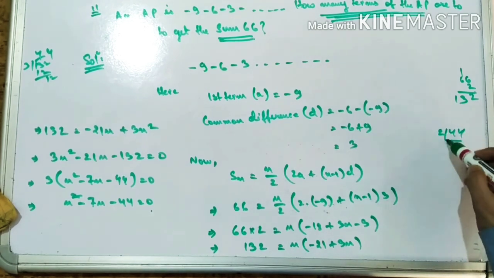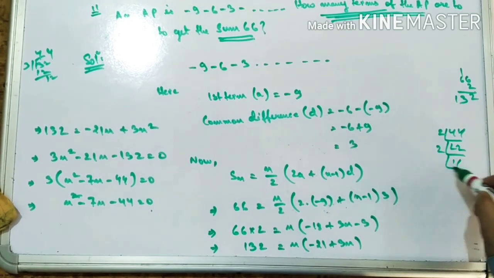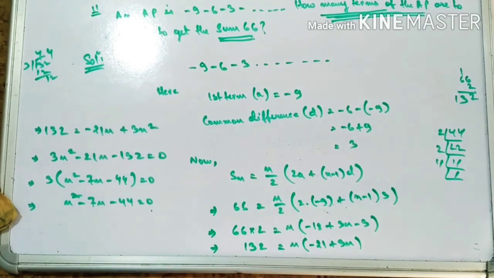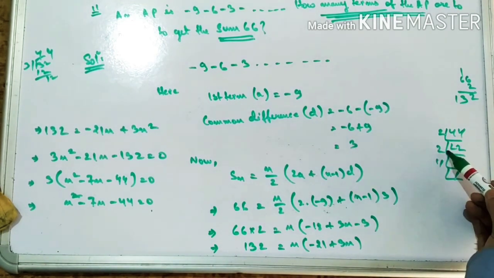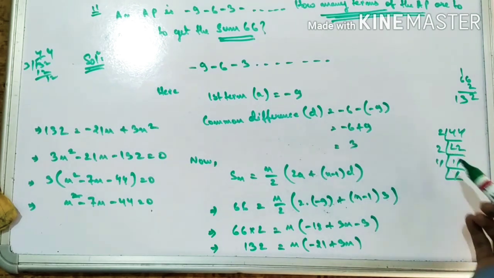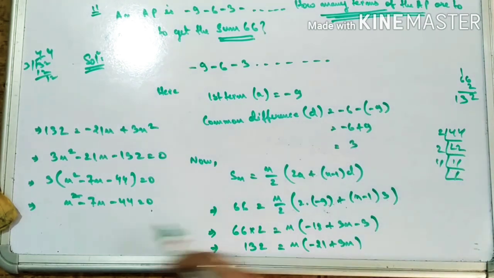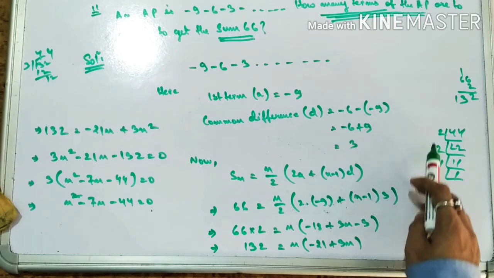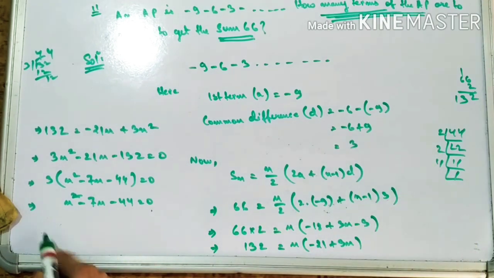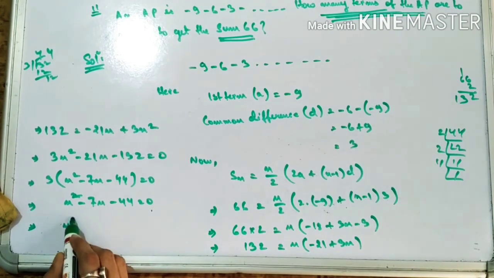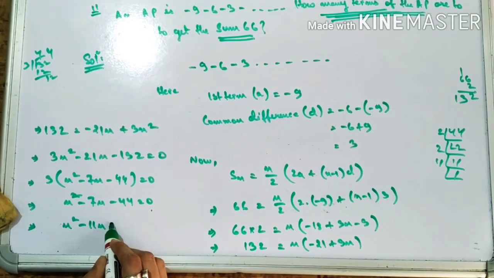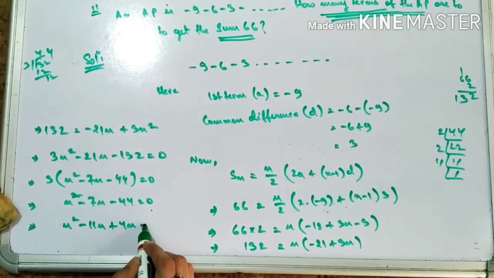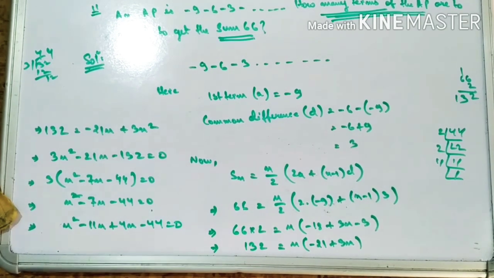Now 44 is 2 times 22, 2 2s are 4, so 4 times 11. 11 minus 4, I will get 7. So I can write it as n square minus 11n plus 4n minus 44 is equal to 0.